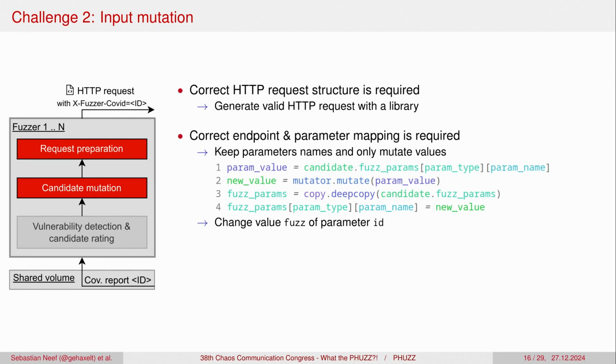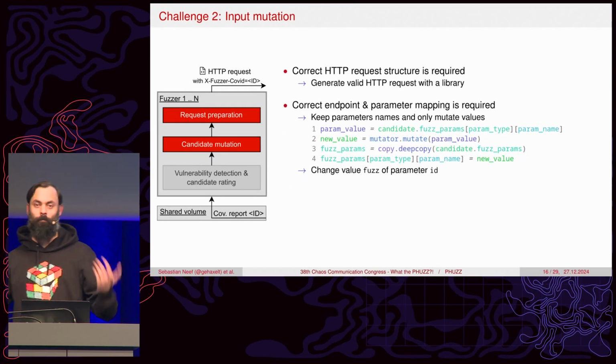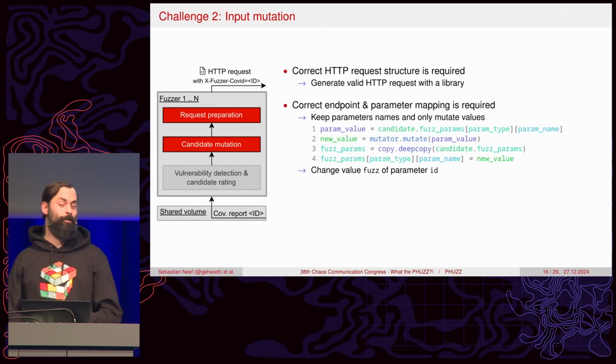Then, as mentioned in the first challenge with the endpoints, we have to keep the different parameters and endpoints mapped together. So if we would send a different set of parameters, for example, to the register endpoint, and this set would not have the email, password, or name parameters, this endpoint would say, okay, you're not providing the right set of parameters.